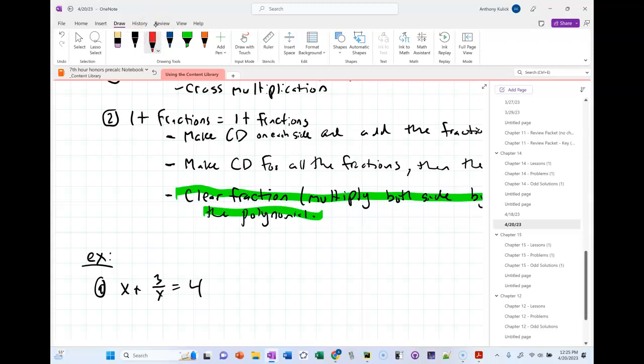All right. So let's say we have x plus 3 over x equals 4. If I look at the denominators, what denominators do I see? Everything is an x. 1 and x, right?